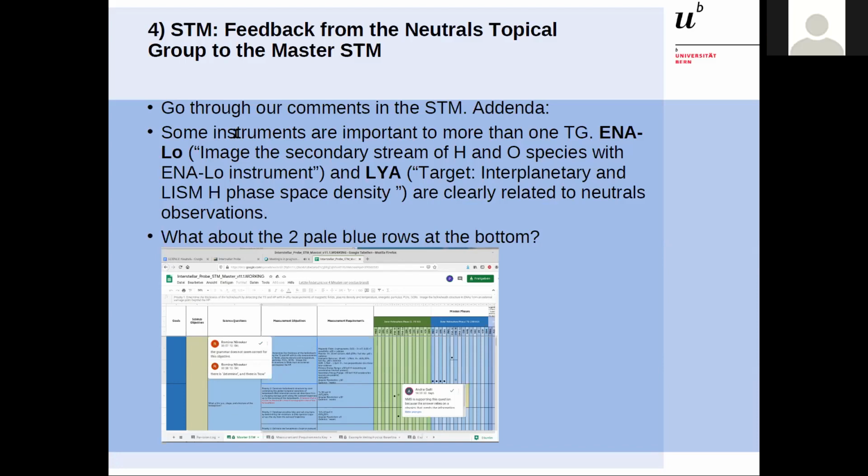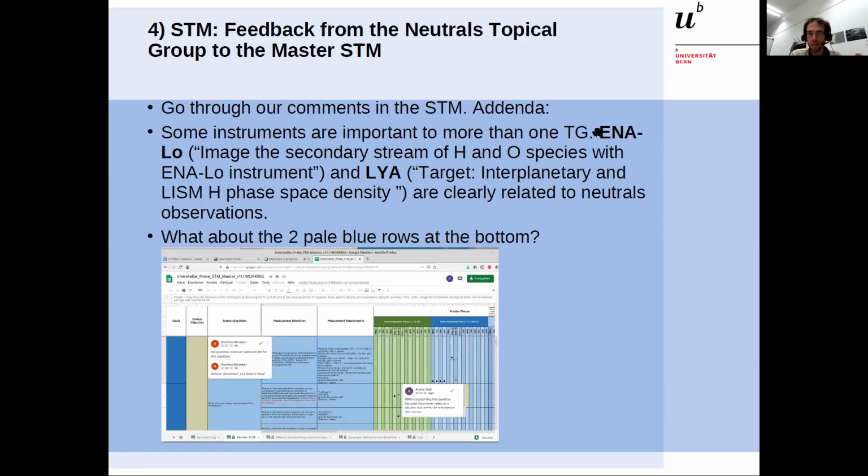Currently, our topical group is about neutrals, but the way it is written in the Sun Sensibility Matrix and the way we have been working so far, we're also linked basically to a neutral mass spectrometer or to a given instrument. But of course, there are several topical groups and several instruments that are relevant for observation of neutrals.